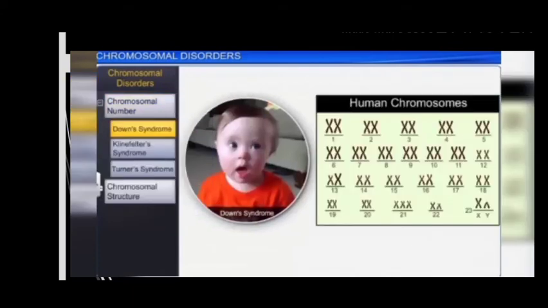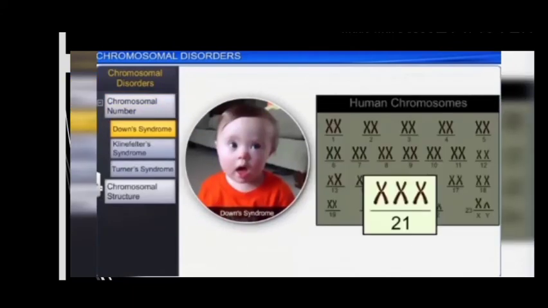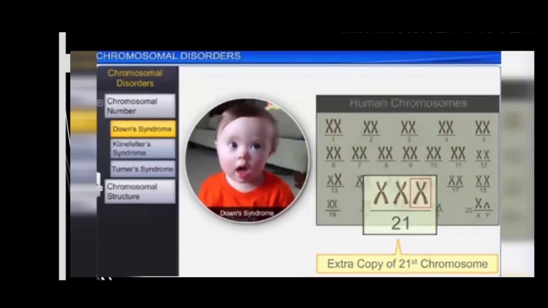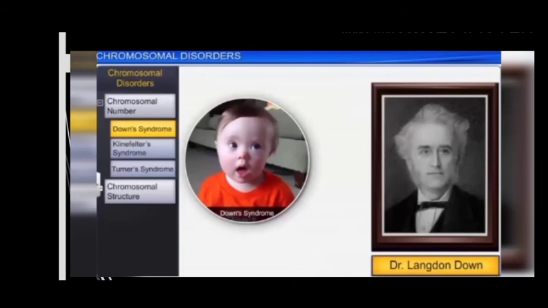Down syndrome or trisomy 21 is caused due to the presence of an extra copy of the 21st chromosome. And it was Dr. Langdon Down, a British doctor, who first discovered this disorder, and hence the name Down syndrome.